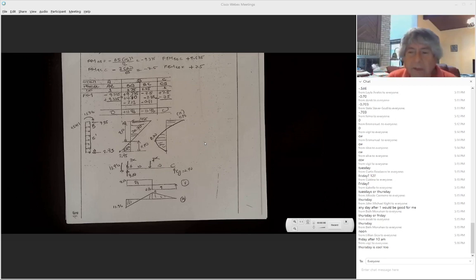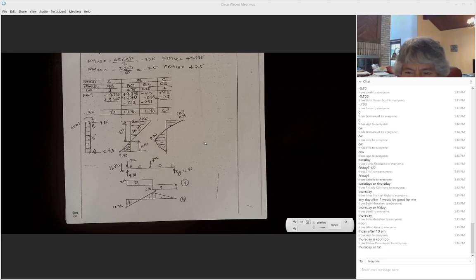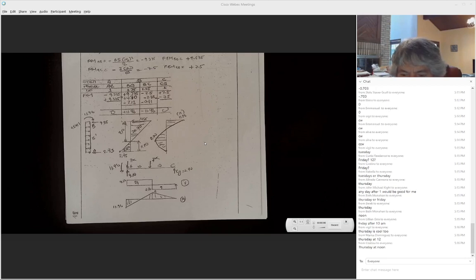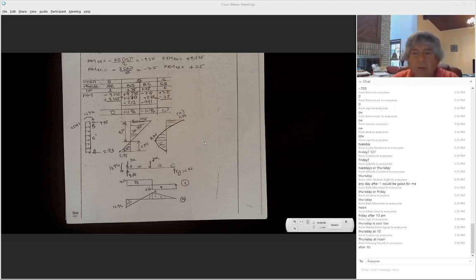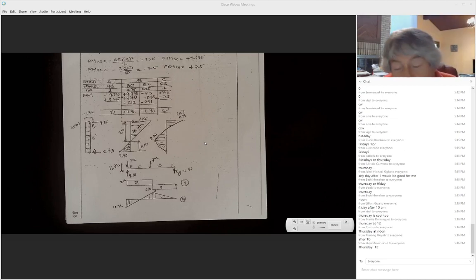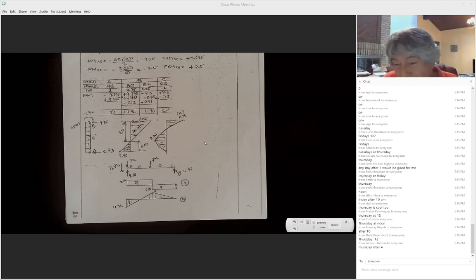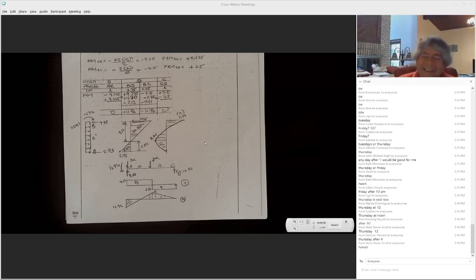Which one is the best time on Thursday? Anybody want to tell me? Thursday at noon? Okay, and on Friday. Okay, so I'm going to shoot for Thursday at noon. I don't know if I can find a room, but I have Thursday the whole day. Well, we'll finalize the date and the time.